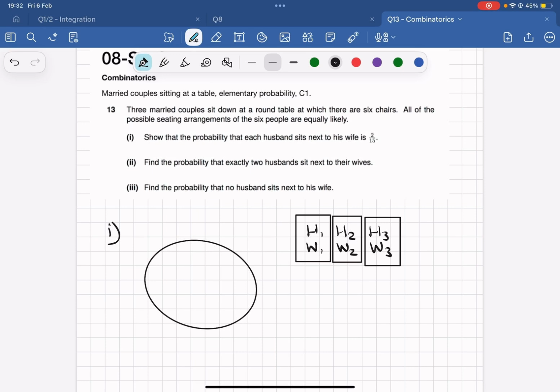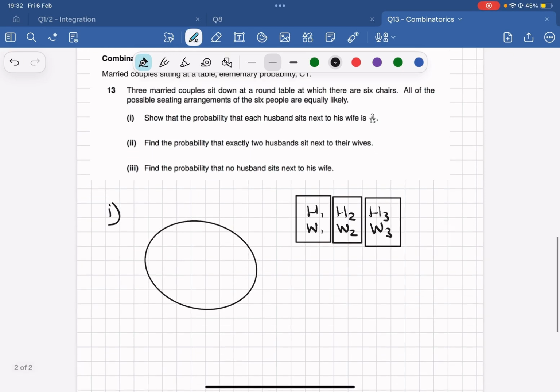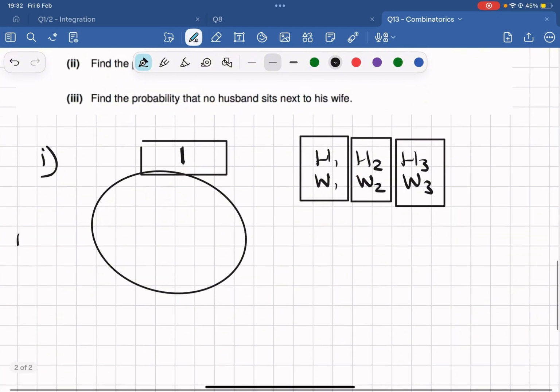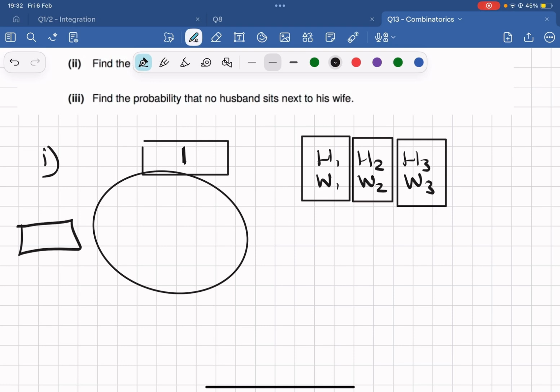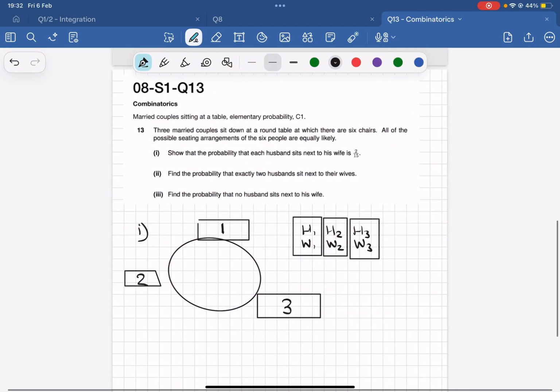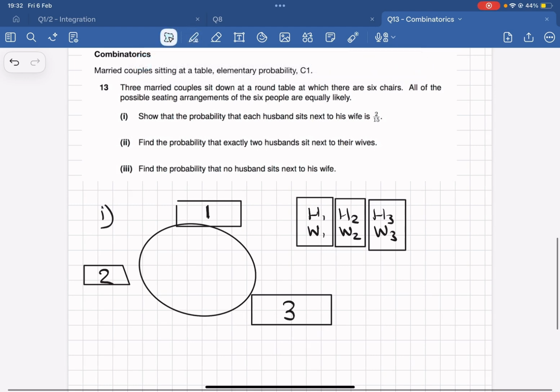Since we want to have them seated with their blocks like such, let's call this 1 for couple 1, 2, and then 3. Now this is just one way of arranging the couples.